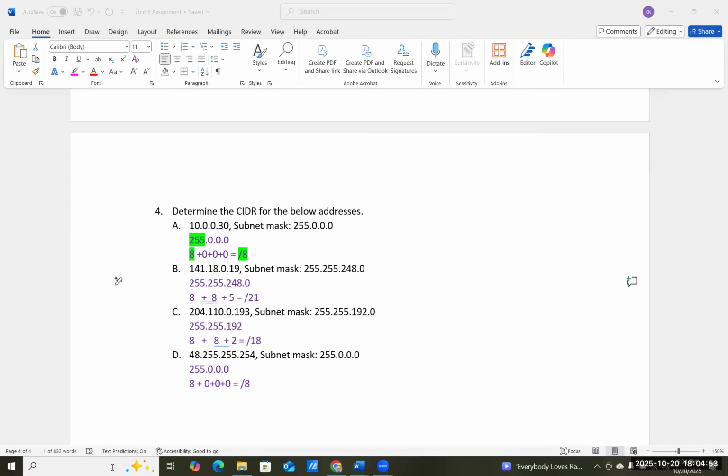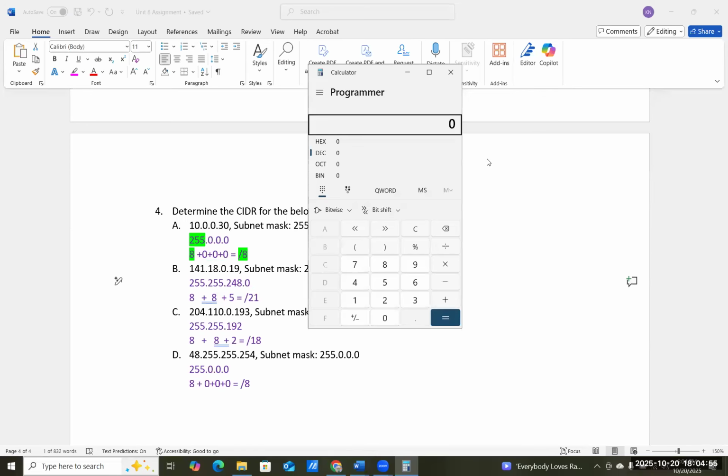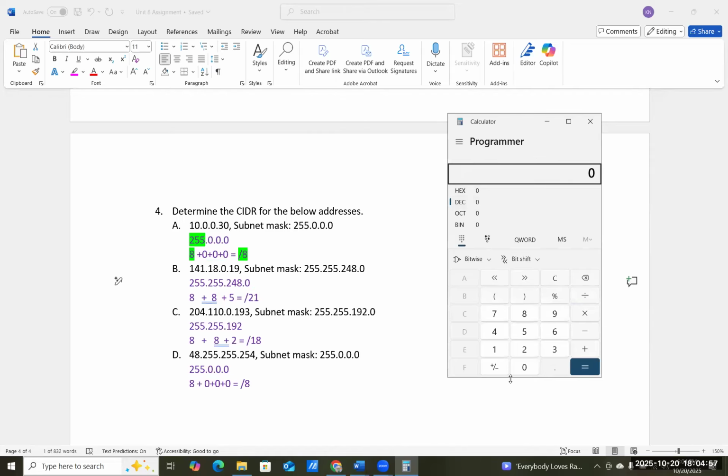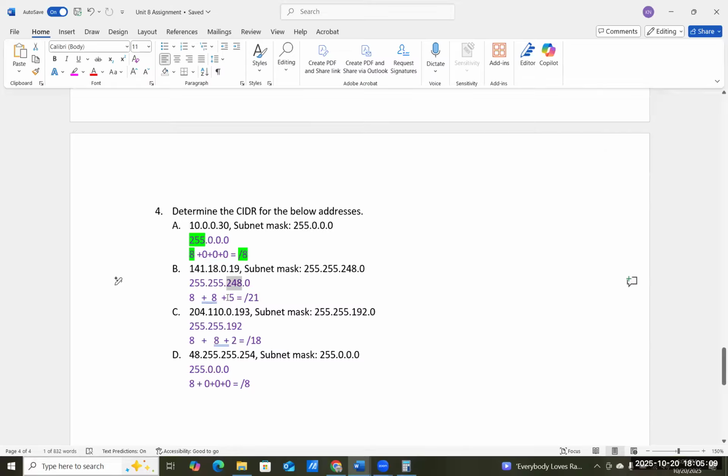I open up my calculator, and if I put in a decimal 248 and click on bin, you count up the 1s: 1, 2, 3, 4, 5. So I know that that's 5 bits. So I add them together, 8 plus 8 plus 5 gives me a CIDR of /21. Really simple. So that step again is you take the value here.